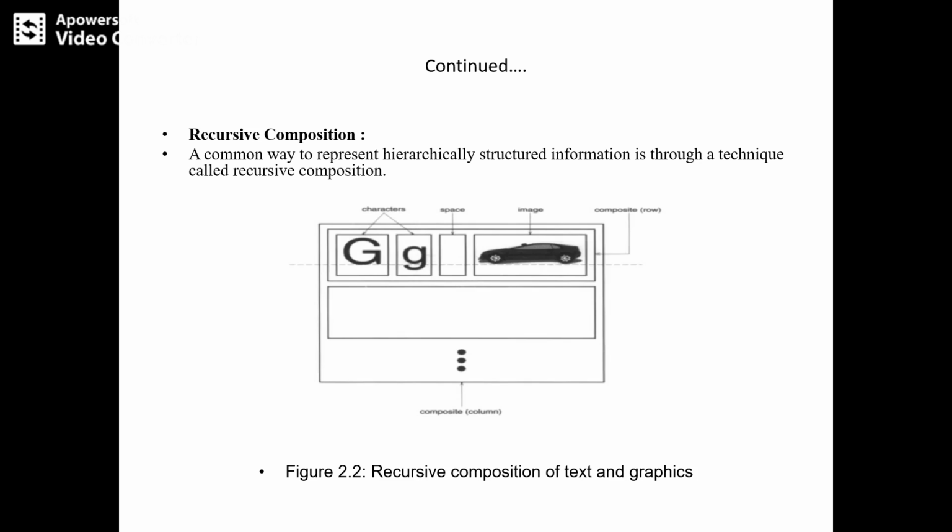So likewise it will continue. Whenever we need to take another kind of row, that is called recursive composition of the text and graphics. This is an example.